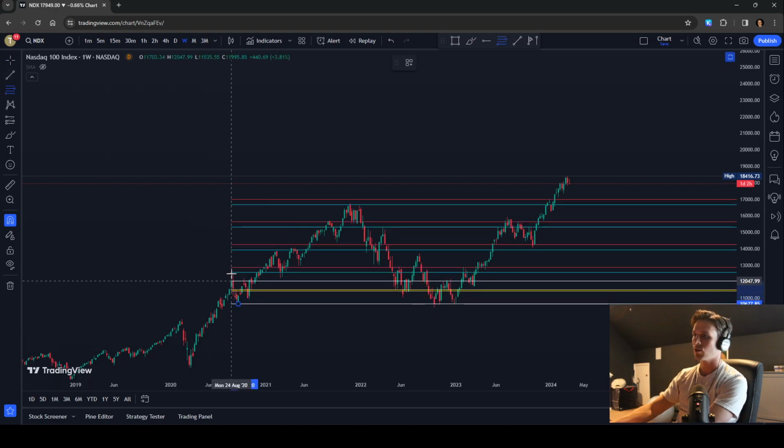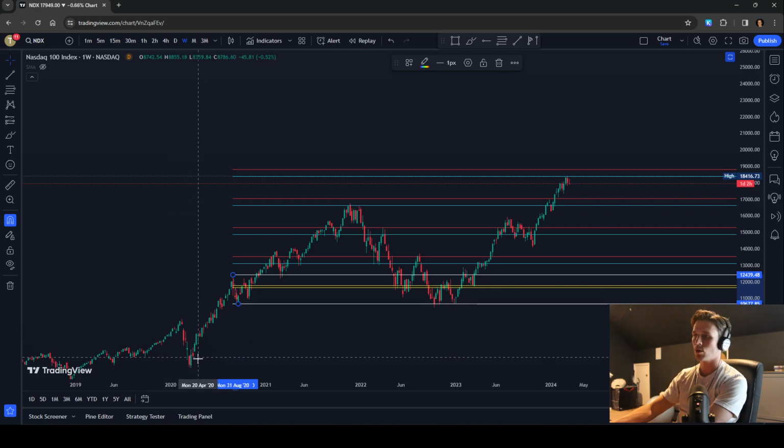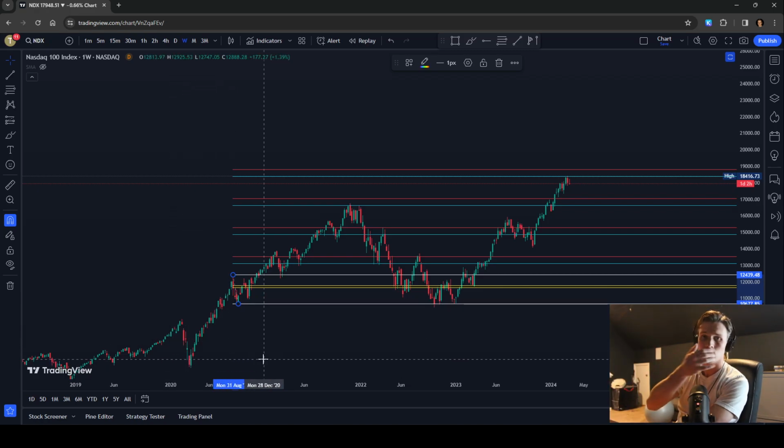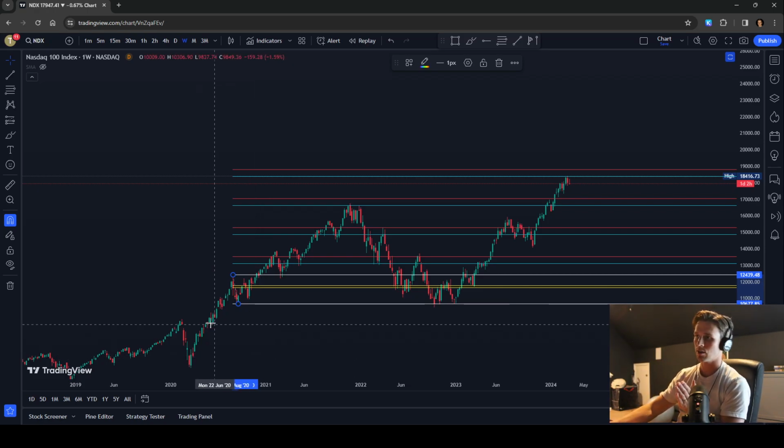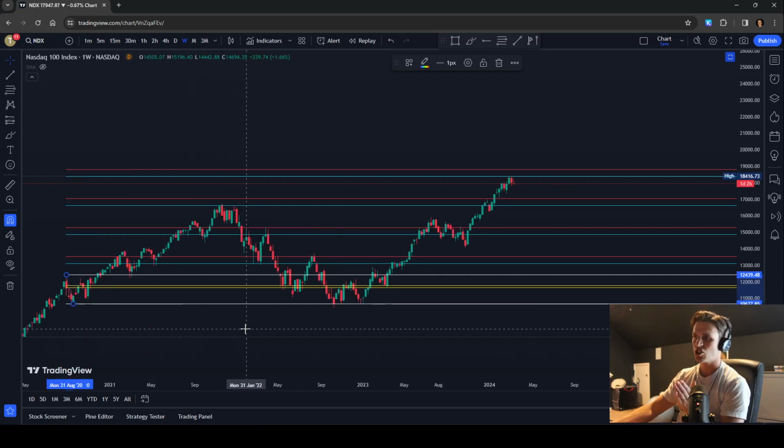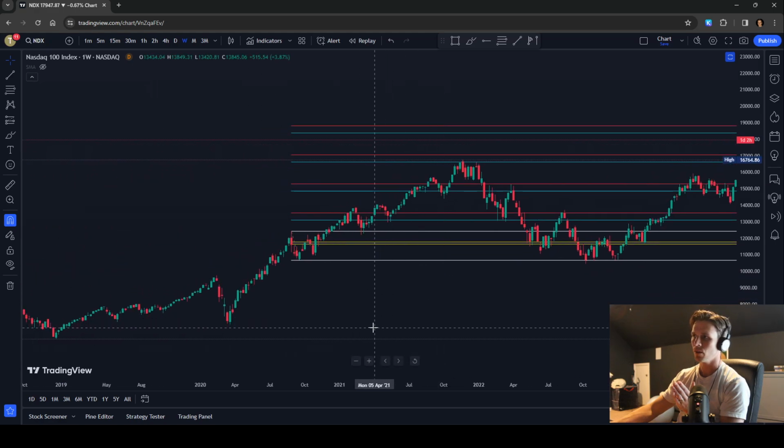So perhaps once we got to the 161 level here and we were starting to consolidate and put in a bit of a range, maybe we updated our extension zones from using the COVID crash as anchor points down here to now, okay, now we're going to use this fresh shift in price movement.